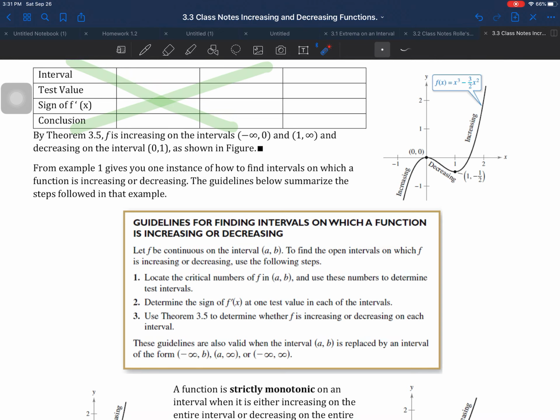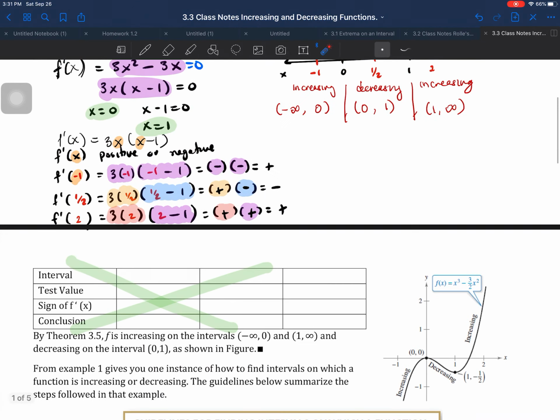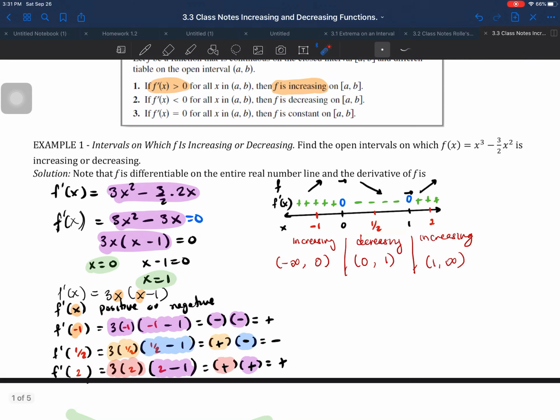Now I want to make two remarks here. First, if you notice, it says locate the critical numbers. Now in this example, I only located one kind of critical number, right? Remember that f will have critical numbers whenever the derivative is 0, but also when the derivative is undefined.